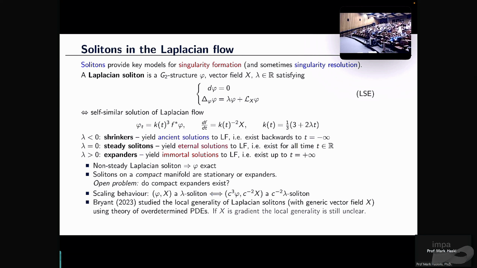We can't at the moment exclude expanders, but currently no compact expanders in Laplacian flow are known, and it's an open problem whether they could exist. In fact, I think the weaker problem of even just finding a compact manifold for which there is an exact G2 structure is also open, without satisfying the equation, just this topological condition of being exact.